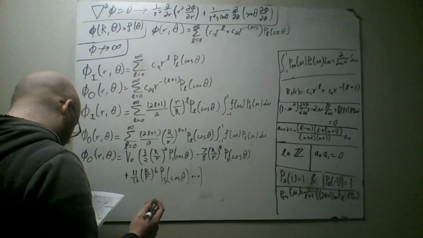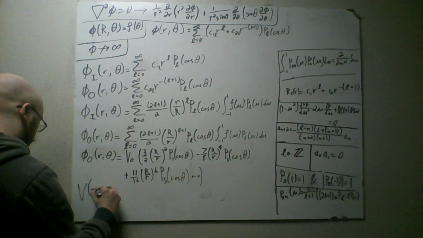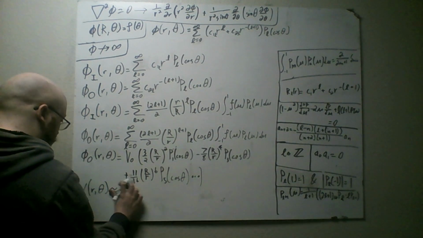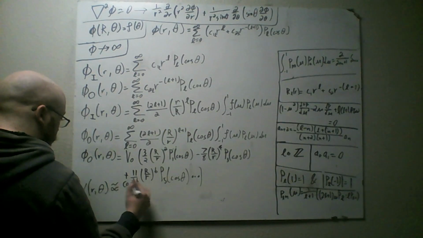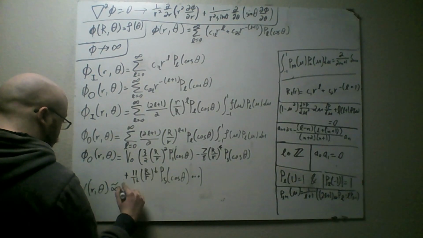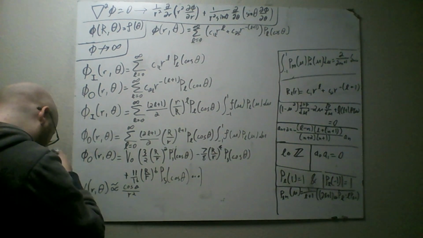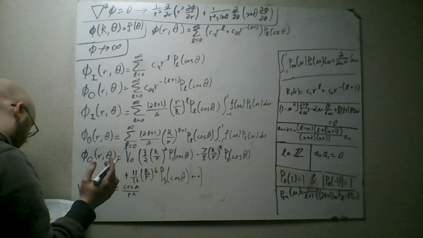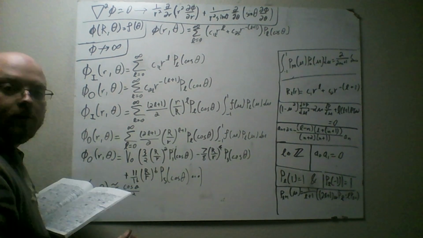But you get phi of r theta approximately, or I'll say proportional to, cosine theta over r squared. And it's not Coulomb's law, but it's more of a dipole field. So dipoles tend to have r squared potentials.